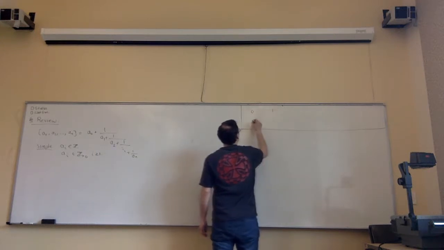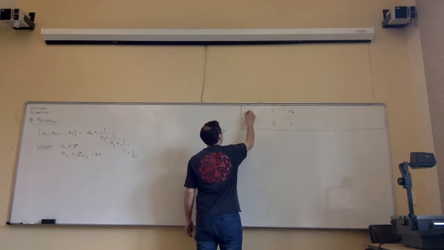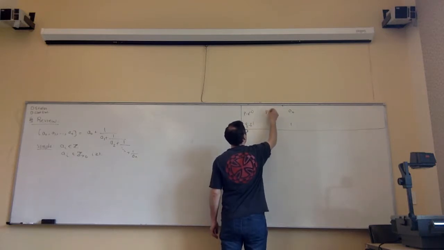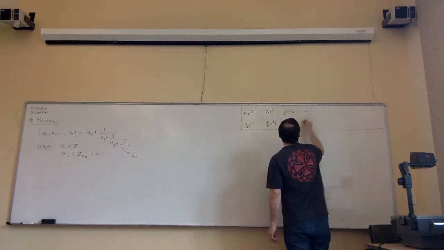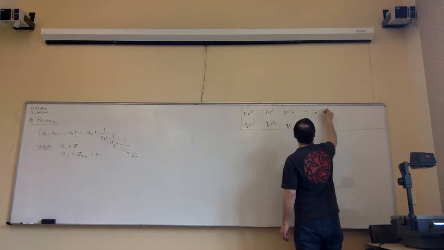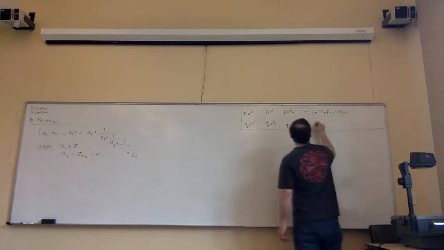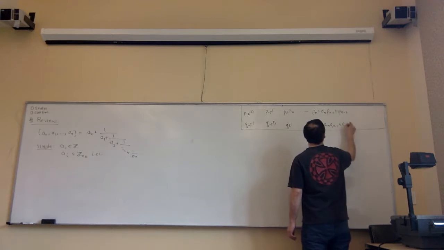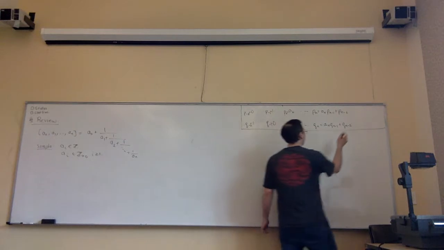The recurrence: P sub minus 2 is 0, Q sub minus 2 is 1, P sub minus 1 is 1, Q sub minus 1 is 0, P sub 0 is a0, Q sub 0 is 1, and then in general, P sub n is a sub n P sub n minus 1 plus P sub n minus 2, and Q sub n is a sub n Q sub n minus 1 plus Q sub n minus 2.